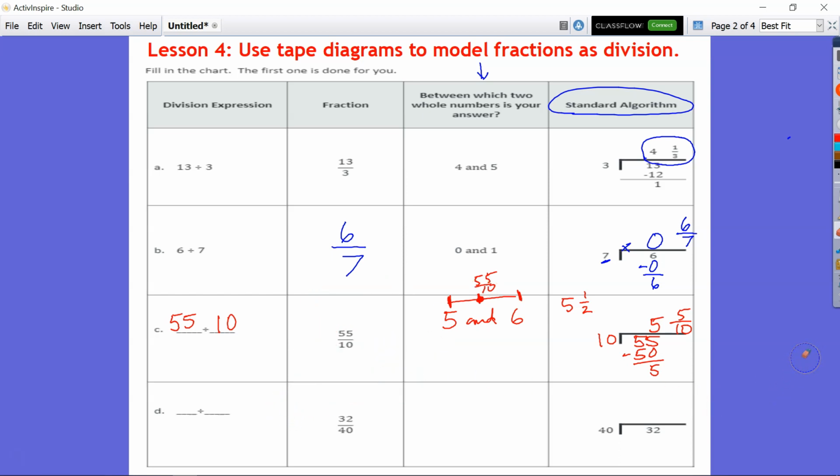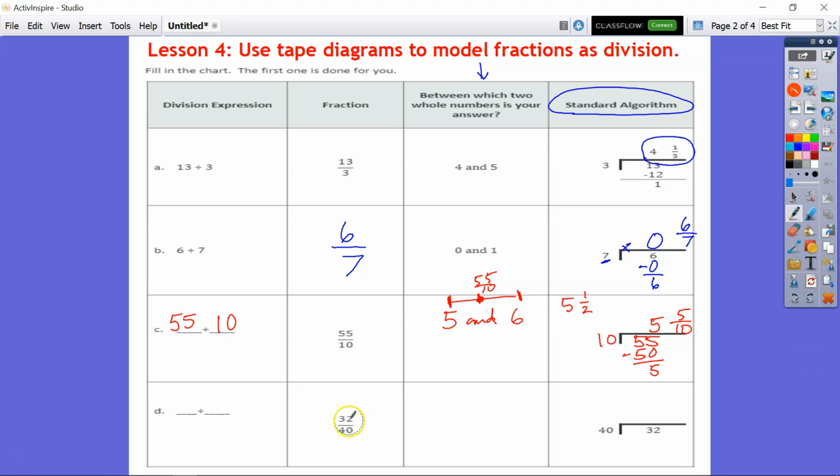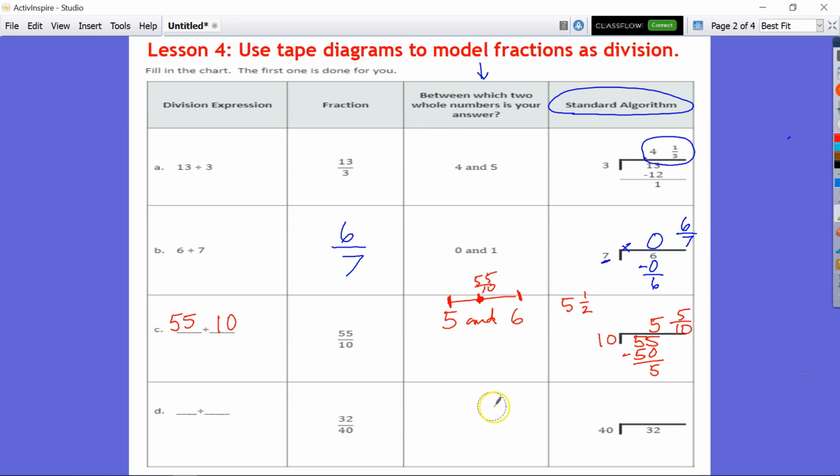32 over 40. We know that this is going to be less than 1, but greater than 0. Right? Because it's a proper fraction, not an improper fraction. In a proper fraction, our numerator is less than our denominator, so we know it's going to be less than 1. We have 32 divided by 40.